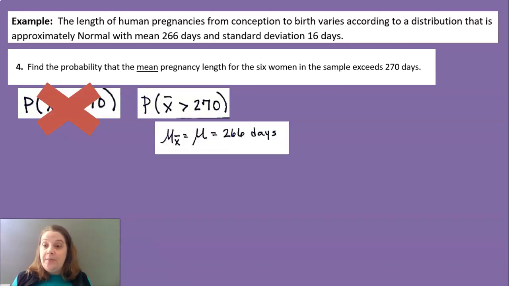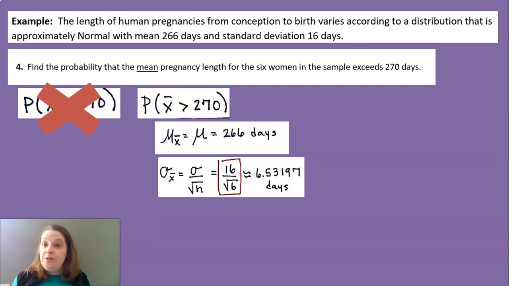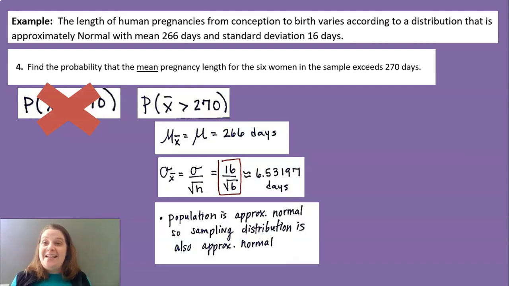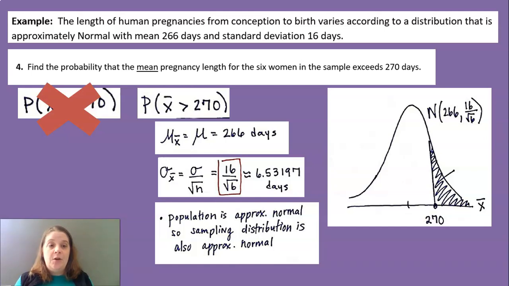All right, so what do I know? I know the mean, and I know the standard deviation. And I also know that it's stated that the population is approximately normal, so that means that my sampling distribution is also approximately normal. So I have an approximately normal distribution with a mean and a standard deviation. I'm going to go ahead and label this normal distribution, mean of 266.